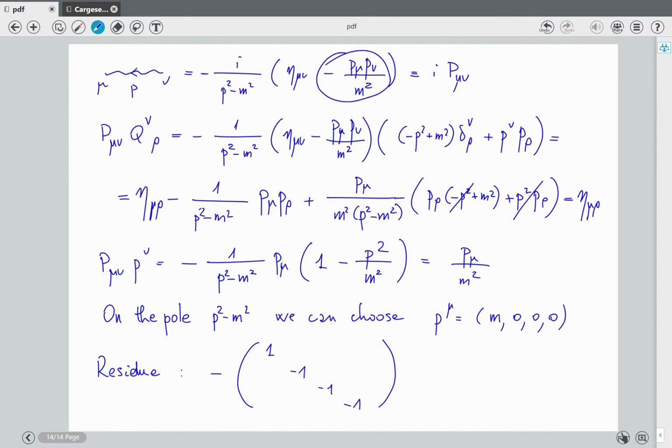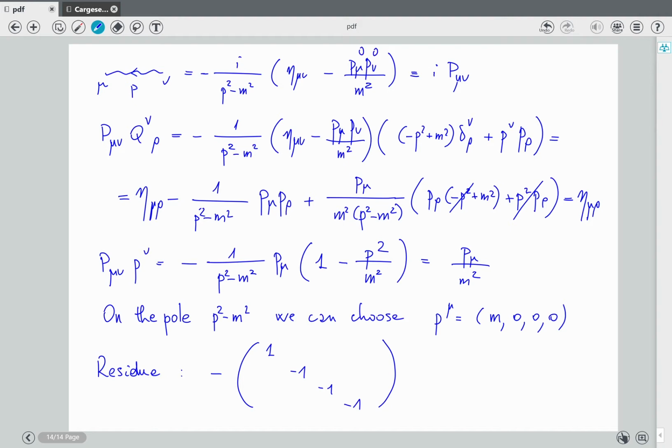And then you have this thing. What is this thing? Well, p mu has only a component 0, p0, because the others are all 0. So you have only a contribution here from mu equals 0, mu equals 0.